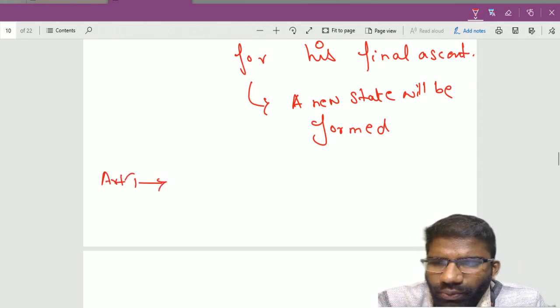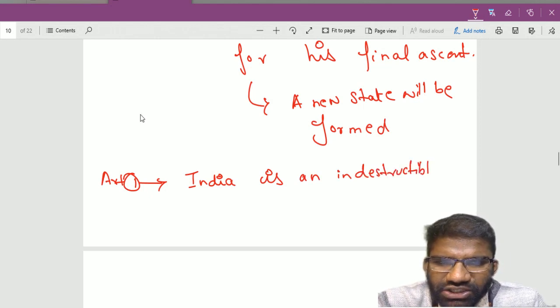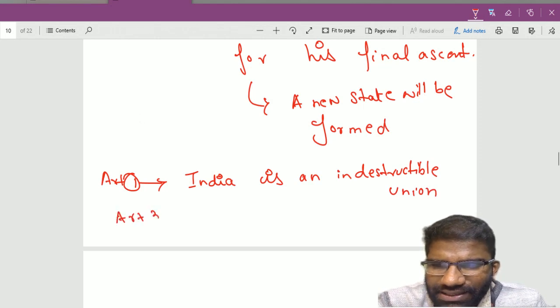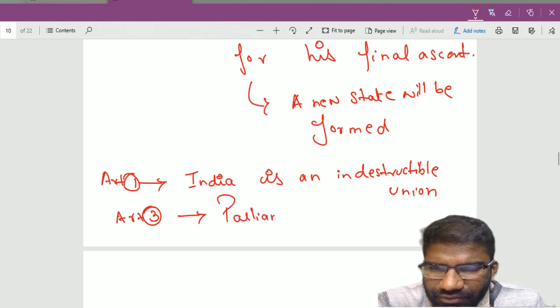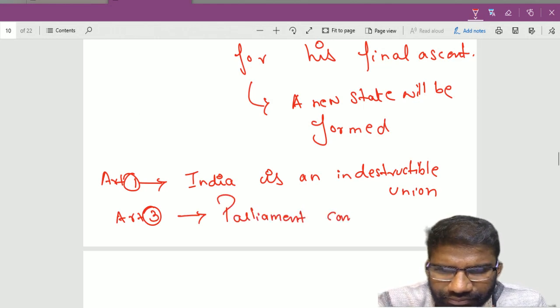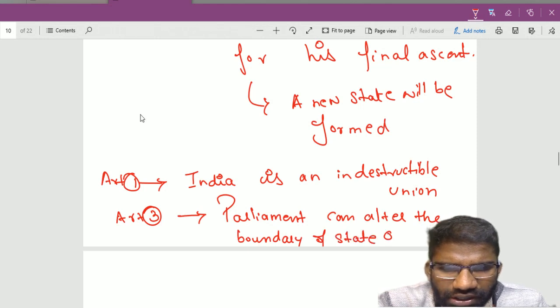In Article 1, we analyzed that India is an indestructible union. And in Article 3, we analyzed that Parliament can alter the boundary of a state or create a new state.